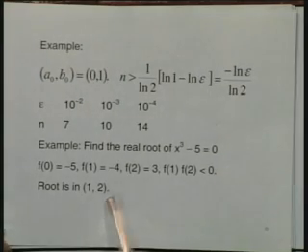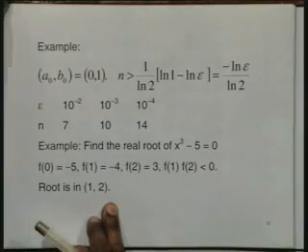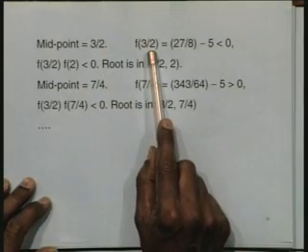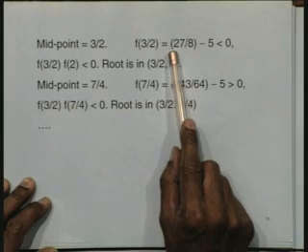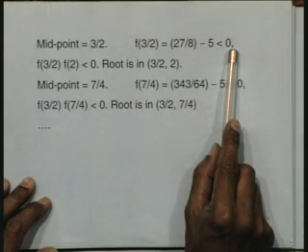Now when once I locate this interval, that it is lying in 1 and 2, I can go for the bisection and then say what will be the next interval in which the root lies. The midpoint of 1 and 2 is 3 by 2, then I will find out the value of f of 3 by 2, and the value is 27 by 8 minus 5, therefore it is less than 0.